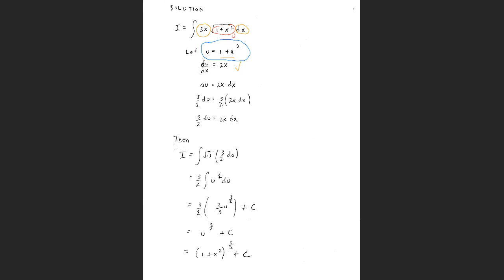Now, I can multiply both sides of that equation by dx. And when I do that, on the left-hand side, the dx simplifies, and so I'm left with du equals 2x dx.